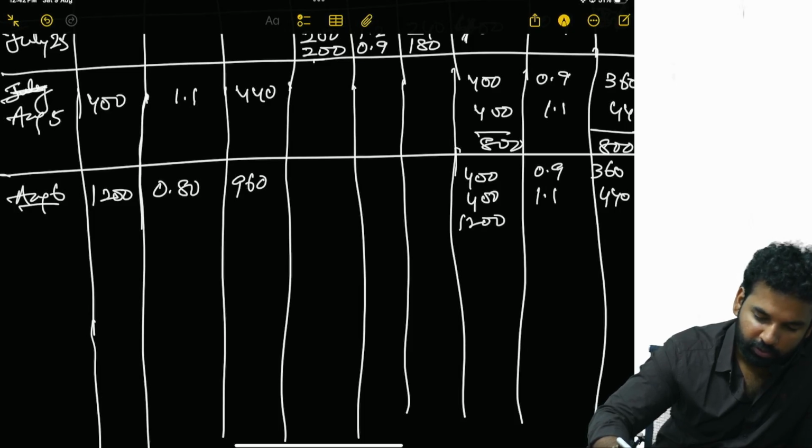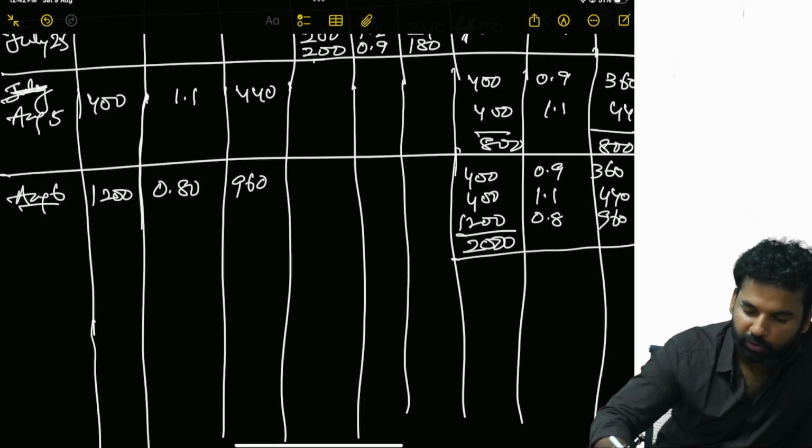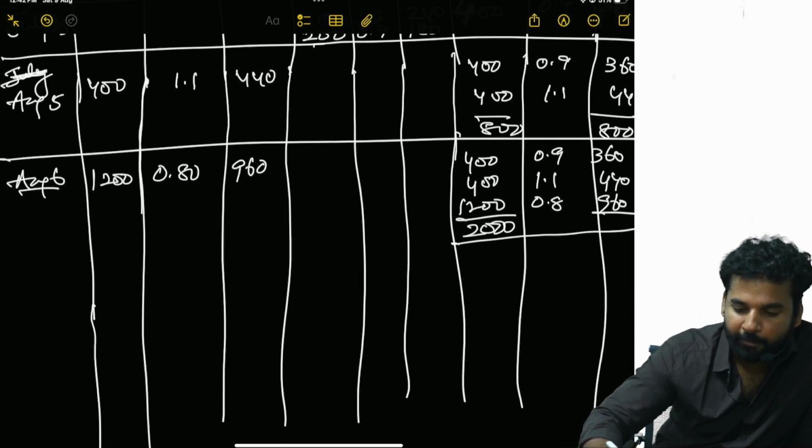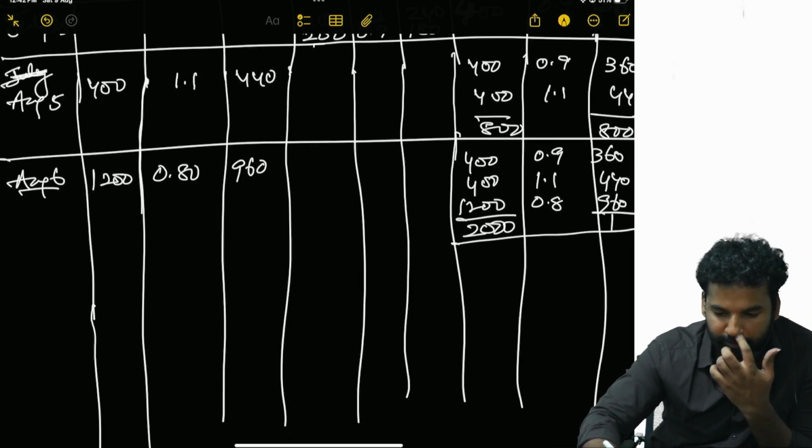Next, 1200 at 0.8, 960. That means how many units? 2000 units are there. What is the value? 800 plus 960, which is 1760.